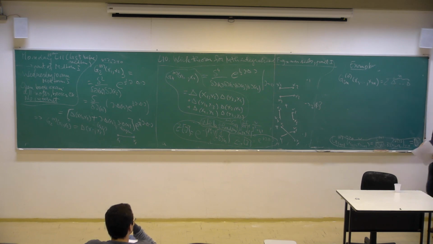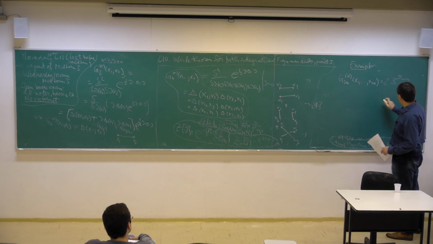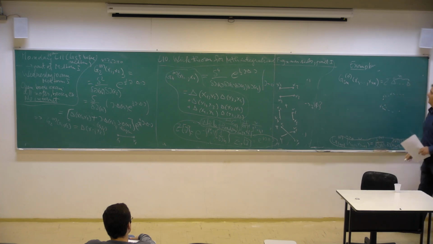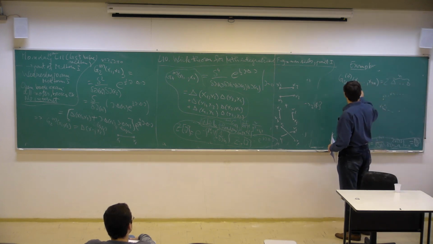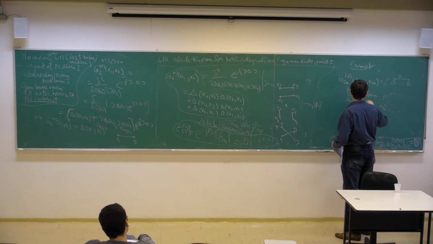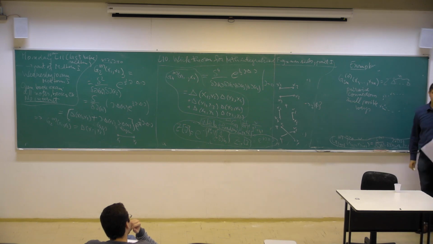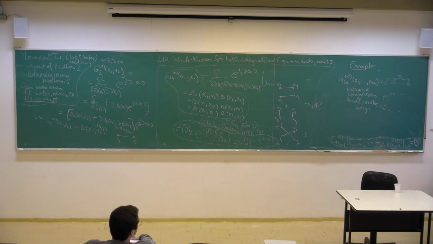With all possible pairings. So in terms of the diagrams, I will have x1, x2, up to x2n, and I will have pairwise connections of all external points in all possible ways. Okay, so that's the result of the even point function at order 0.